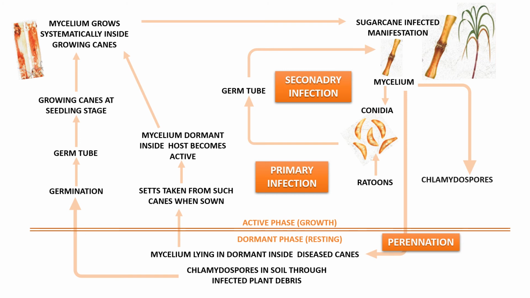Or the mycelium produces chlamydospores or perithecia, which we have said are considered a probable means of survival, and perennation starts, completing the whole disease cycle of red rot of sugarcane.